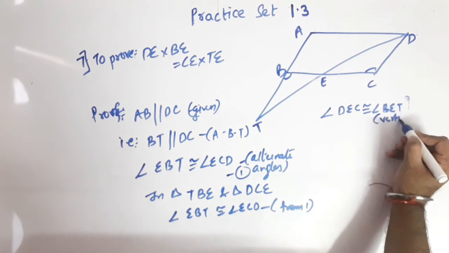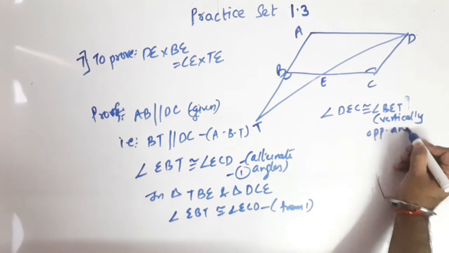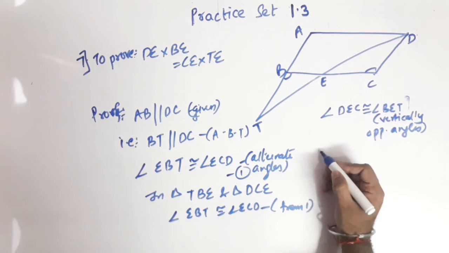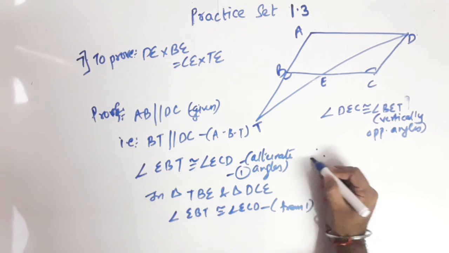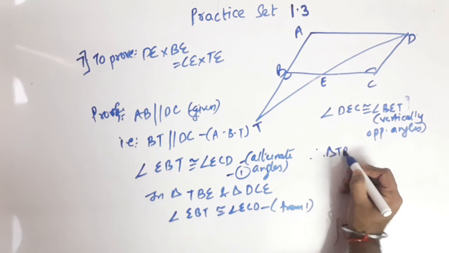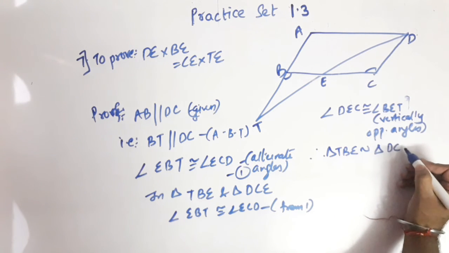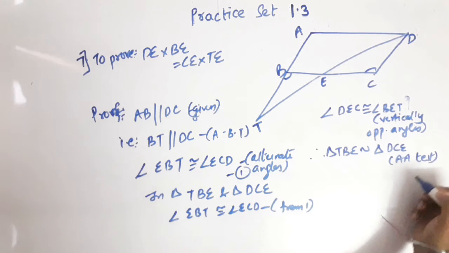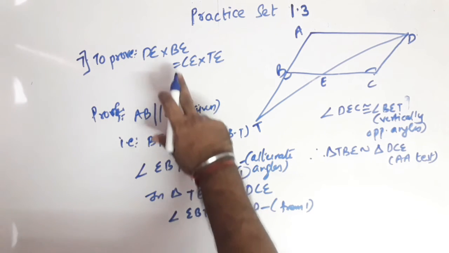Vertically opposite angles. Therefore, triangle TBE is similar to triangle DCE by AA test. Okay, simple.